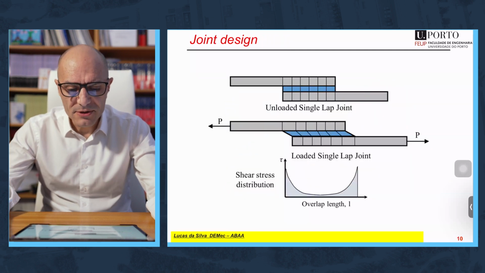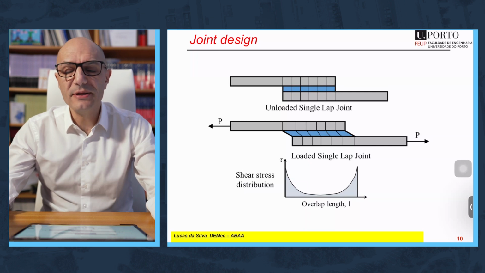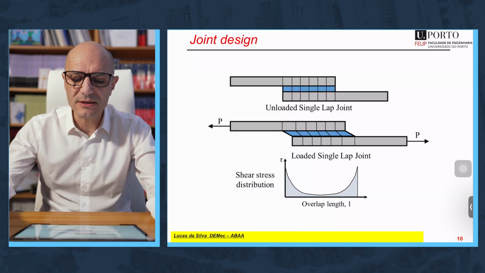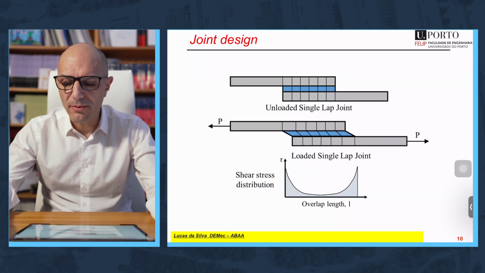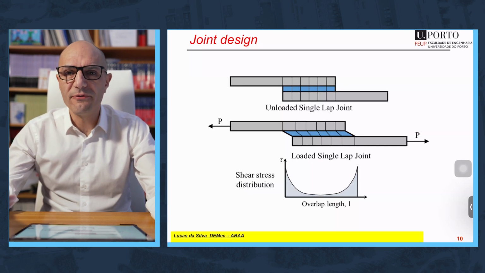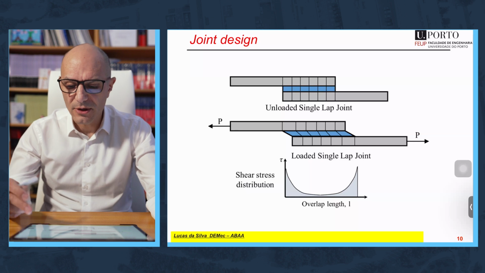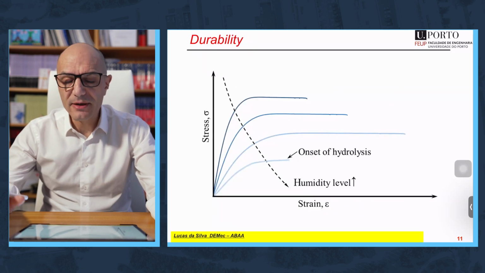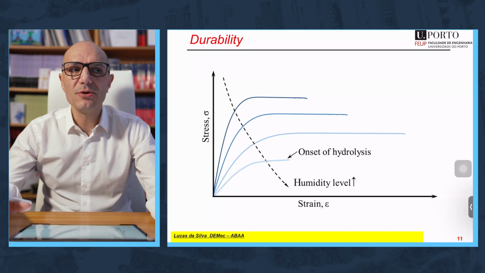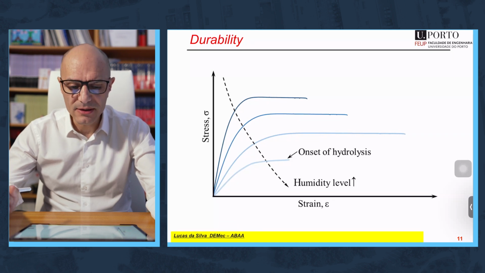Then we are in a position to do some calculations and to predict what will be the failure load. That's joint design. You will see there are various analytical methods and also finite element methods to do this task. Durability is at the moment the hottest topic in this technology.